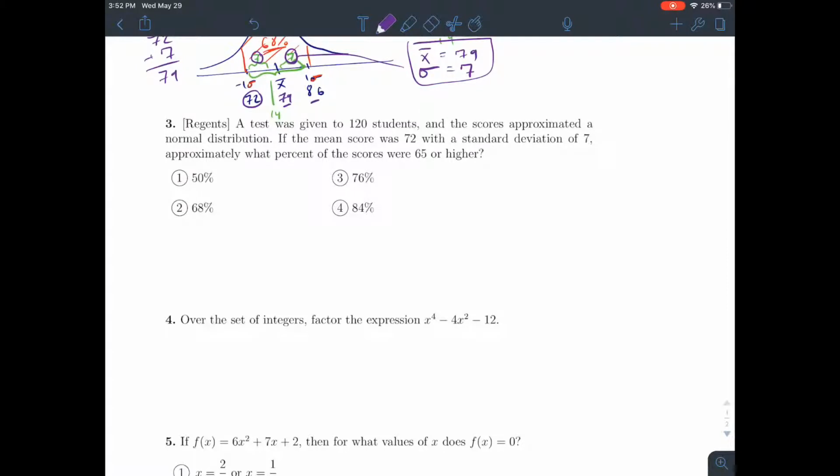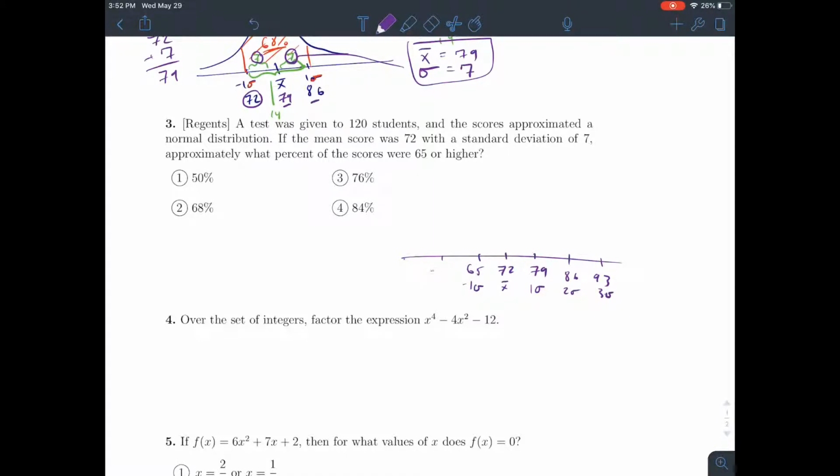A test was given to 120 students, and the scores approximated a normal distribution. If the mean score was 72 with a standard deviation of 7, then how many... let me label these. x bar, 1 sigma, 86 would be 2 sigma, 3 sigma would be 93. Here we've got down 1 sigma, so that would be 65.